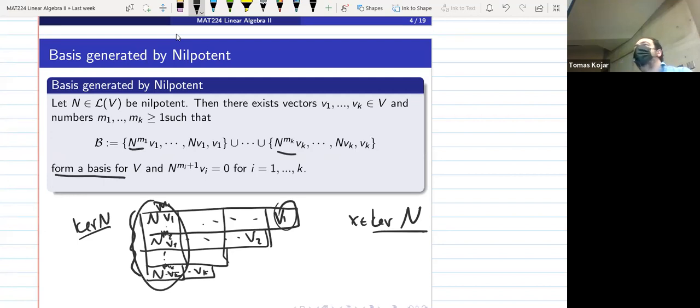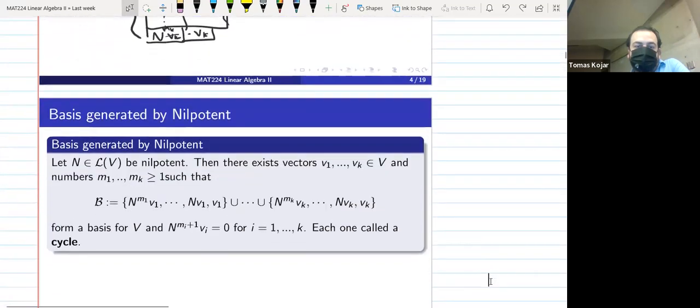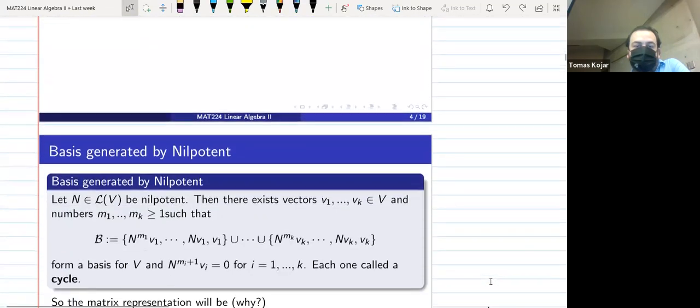And we can prove that. The number of boxes in the first column is equal to the dimension of the kernel of N. N of N^{mi-1} vi is zero.